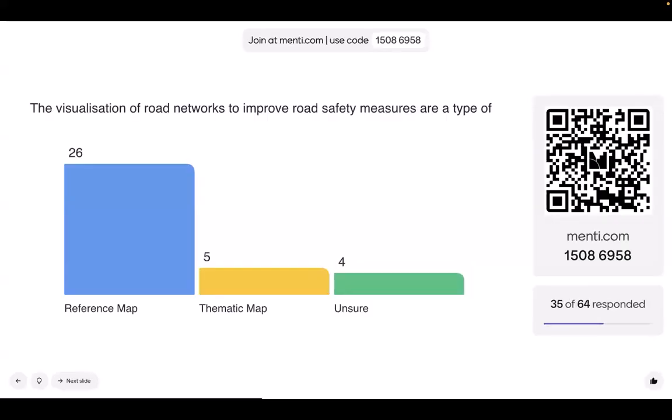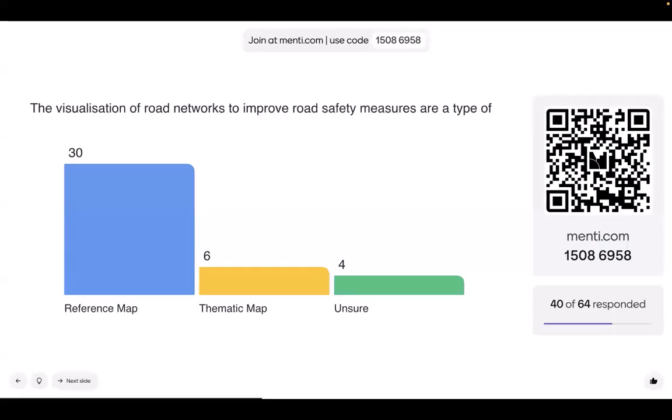So I'll let a few answers roll through and then we'll have a little chit chat. So at the moment, the majority of responses are saying that this scenario is a type of reference map. And we've got a few saying that this is a thematic map, which is pretty cool. But yeah, this type of scenario is actually what we would call an accident analysis. We are visualizing the road networks to improve road safety measures, right? So you can break this down into two aspects.